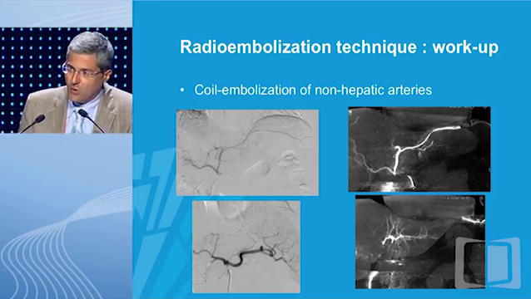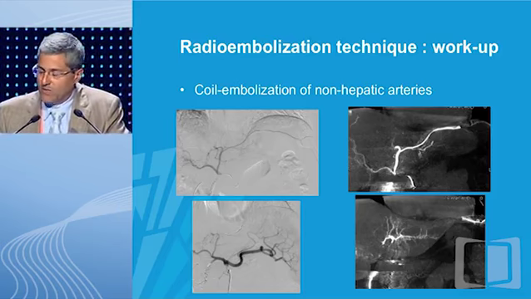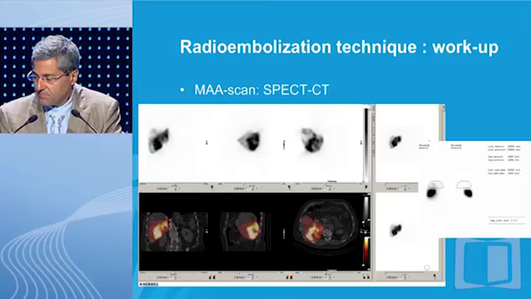So during the workup in the angio suite, we did a cone beam CT during the injection into the left hepatic artery, and on the left or the right-sided images, you can see that this aberrant artery is going outside the volume of the liver, and indeed this artery is going to the left diaphragm. This was a phrenic artery, which has to be occluded before you can safely inject your Y90 microspheres.